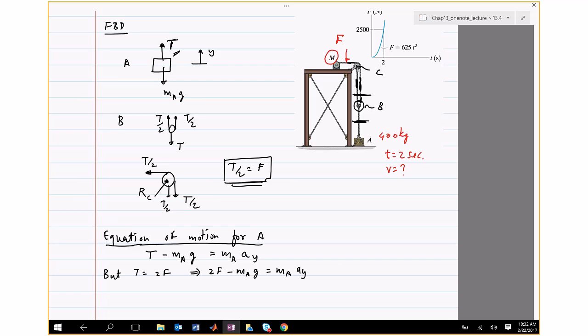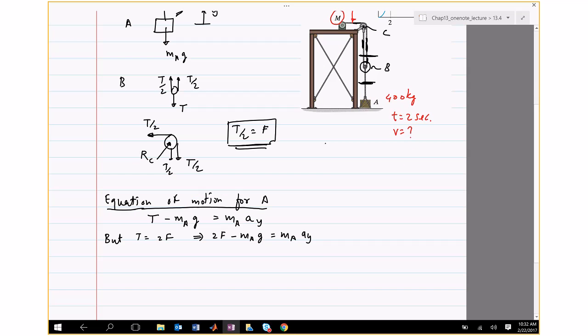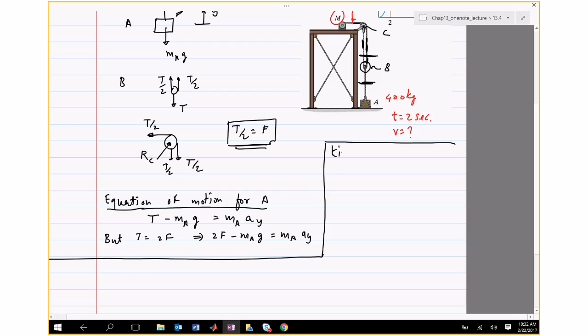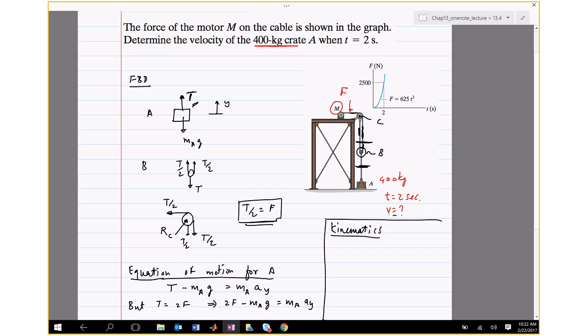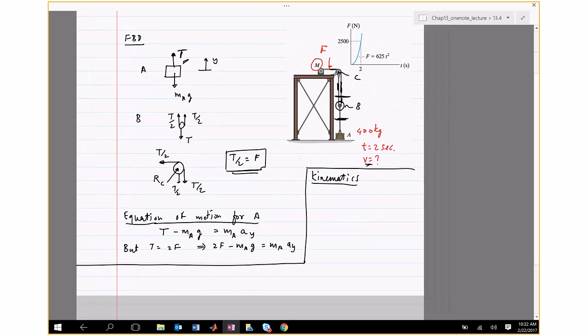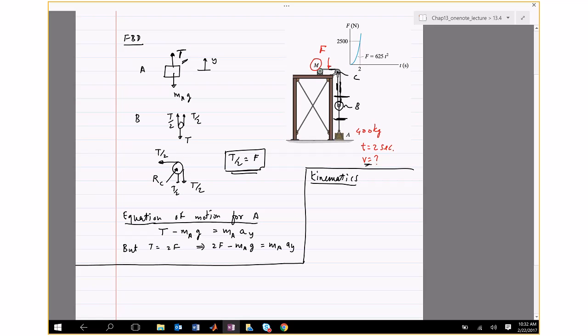So the next step is kinematics. In the interest of space, I'm going to start writing here. How can I find the velocity given the acceleration? You can integrate, right? dv_y/dt is acceleration in the y direction.